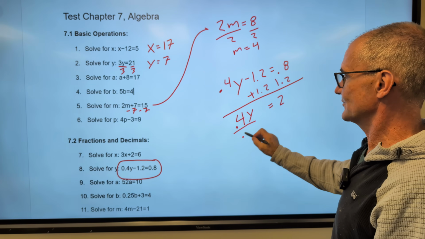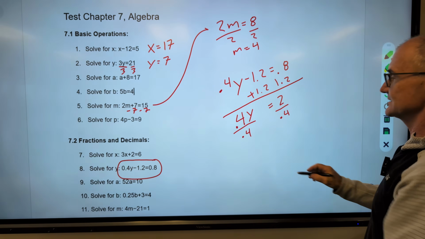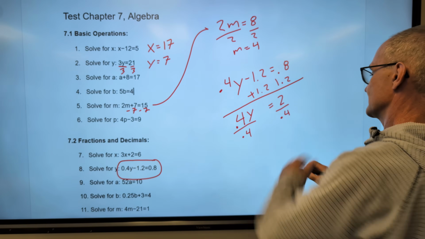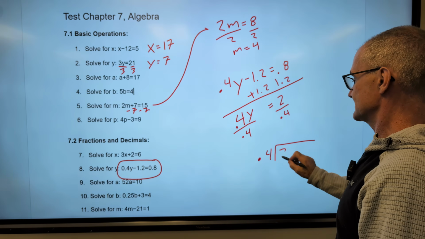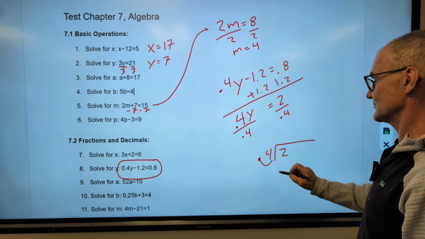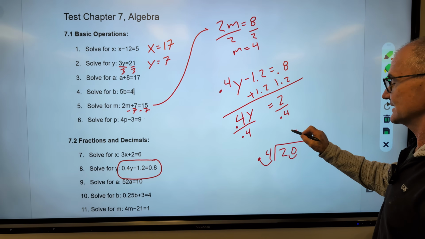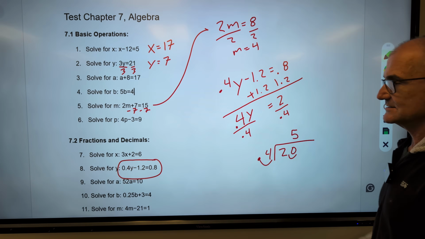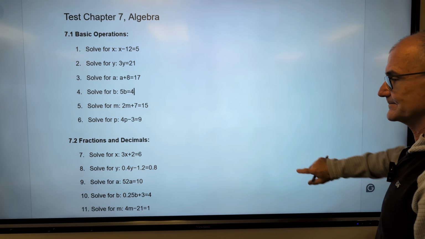Divide both sides by 0.4. How many times does 0.4 go into 2? Think of that fraction falling over this way. Got to move that decimal over 1. Decimal over 1 to give me 20. 4 into 20 is 5. So this answer right here, y equals 5.